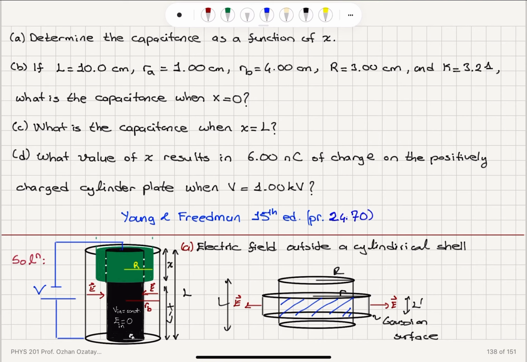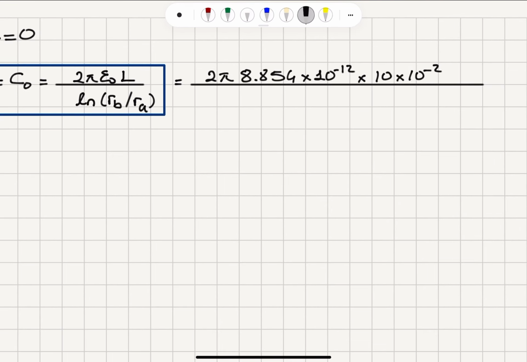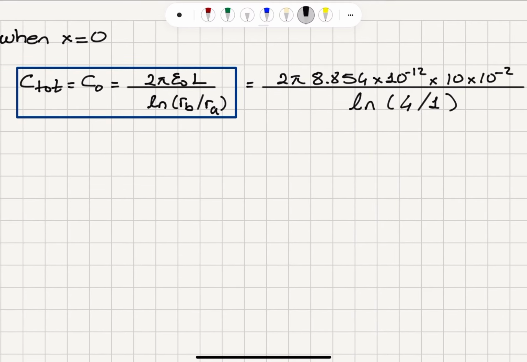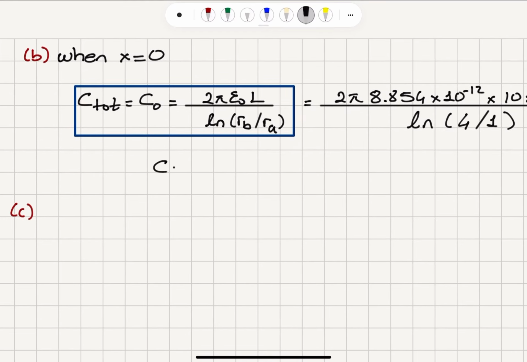R sub B and R sub A, 4 and 1 centimeters, so that ratio becomes 4. Natural logarithm of 4 divided by 1. So if we evaluate this, we will obtain for the total capacitance C total when x is equal to 0, 4.01 picofarads.